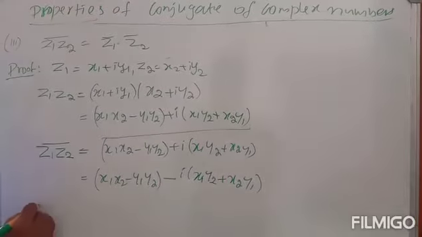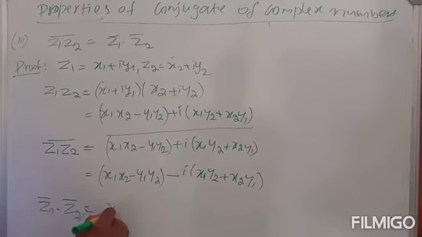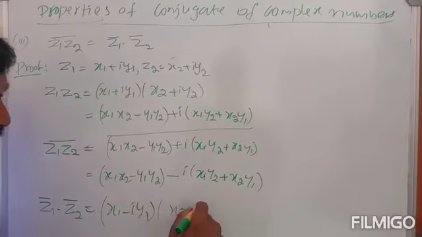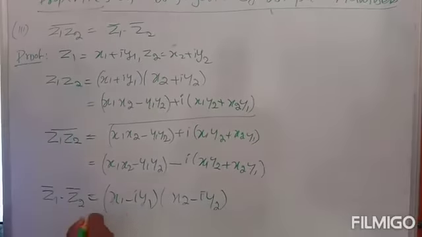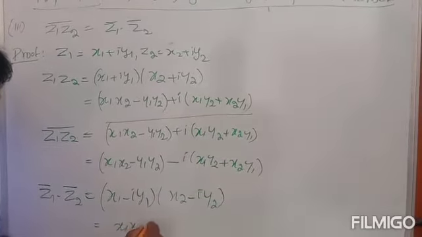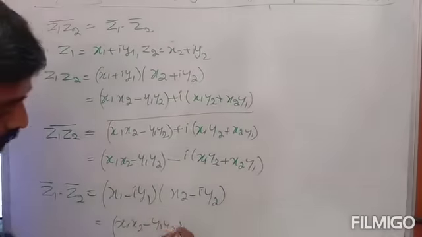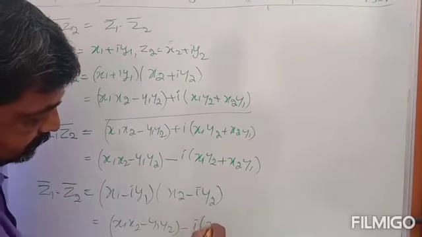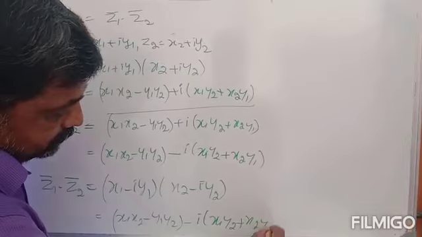So now z1 bar into z2 bar is equal to x1 minus iy1 into x2 minus iy2. So that is equal to, we can write, x1 x2 minus y1 y2 minus i into x1 y2 plus x2 y1.